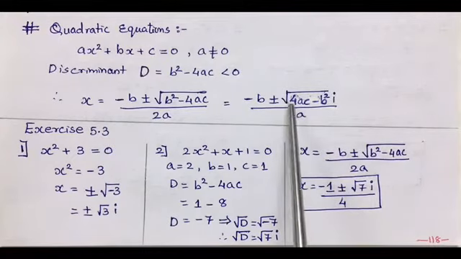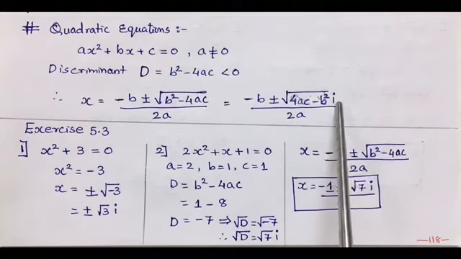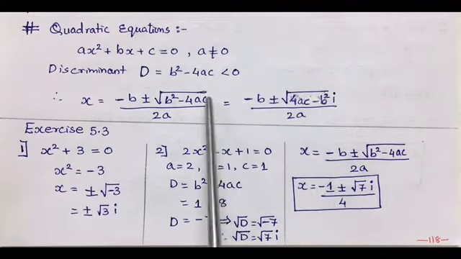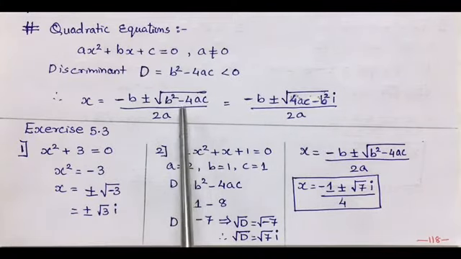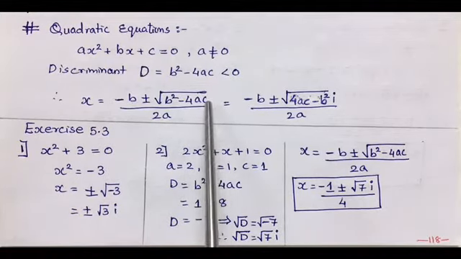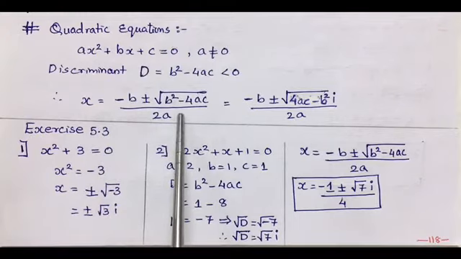So it is written as under root of 4ac minus b square i. This is how the formula will be used. We will be using the same formula, under root of b square minus 4ac. But if it becomes a negative root, we will remove the negative sign and put i there. So it becomes an imaginary value of x.